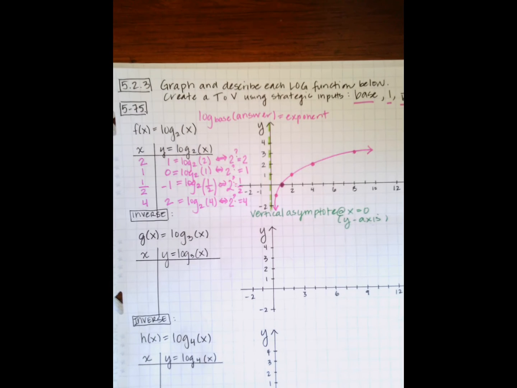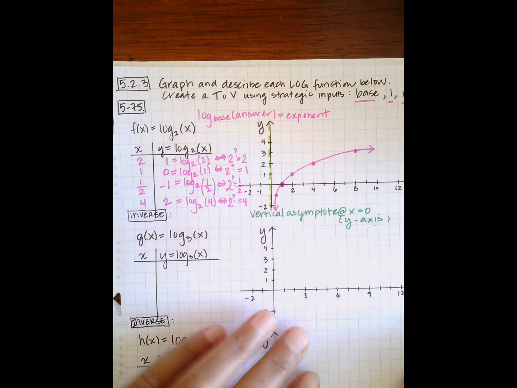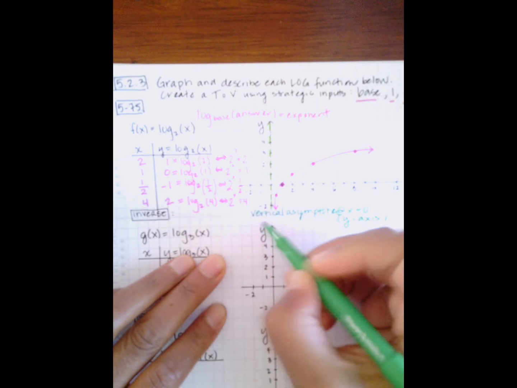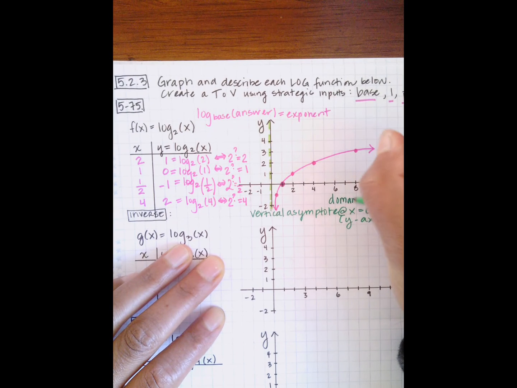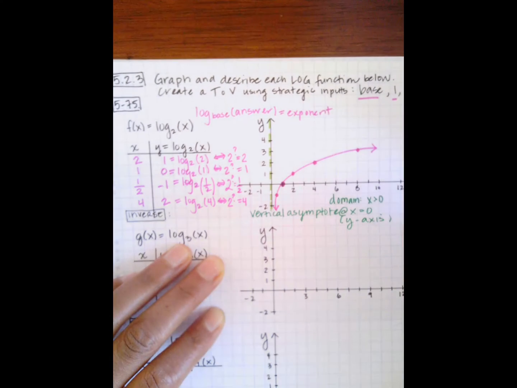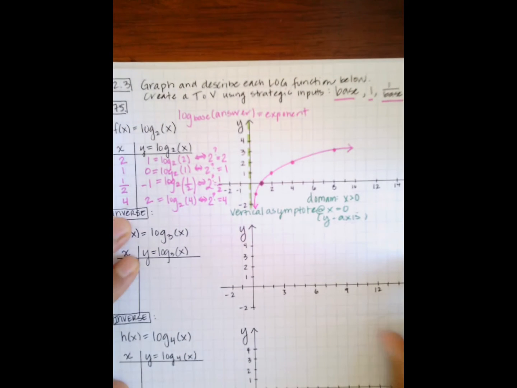If I were to completely describe it, I would also need to describe the domain and the range for this particular function. For the domain of this function, the domain is going to be x values that are greater than 0, not equal to 0, because that is where our vertical asymptote is, that we don't cross over.